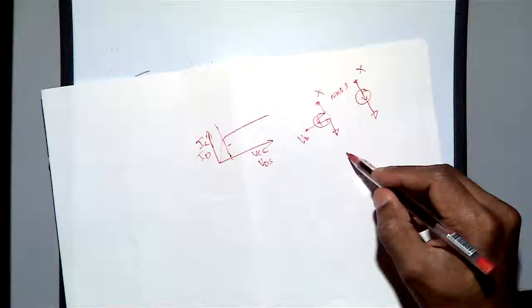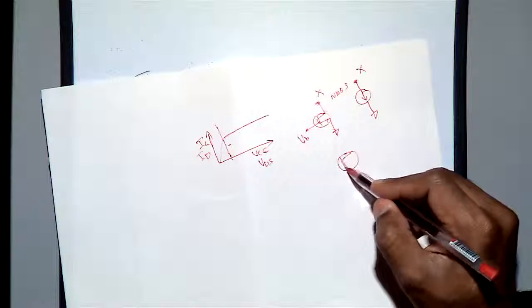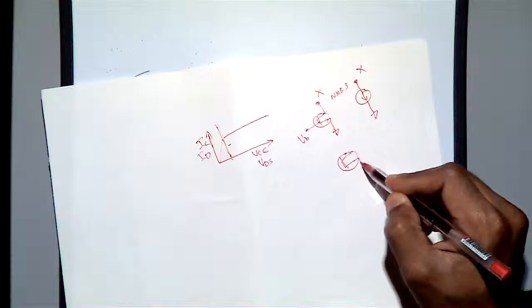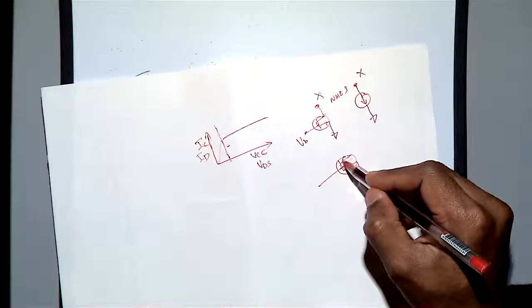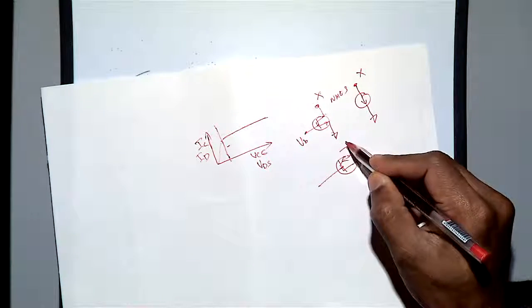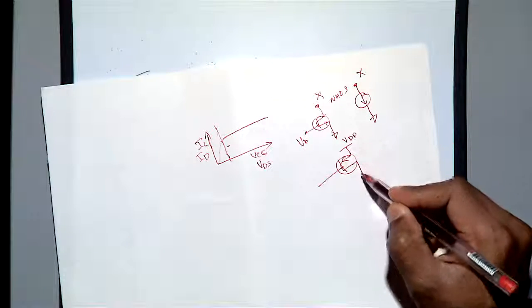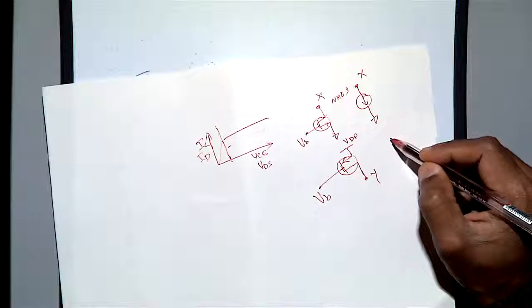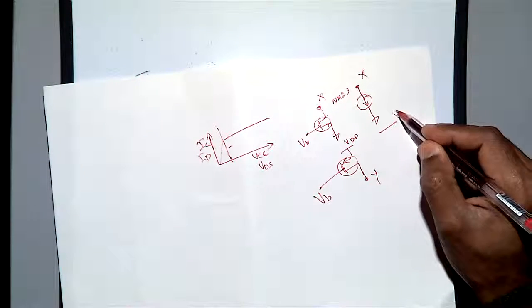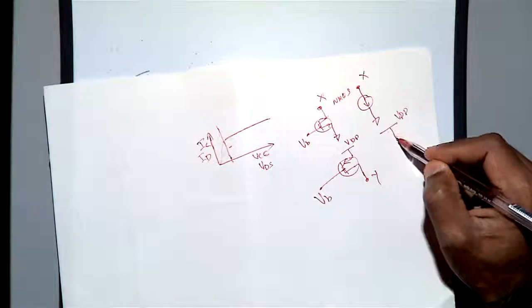Another one is PMOS. When you draw the PMOS, you can see the arrow here, and here you have VDD.